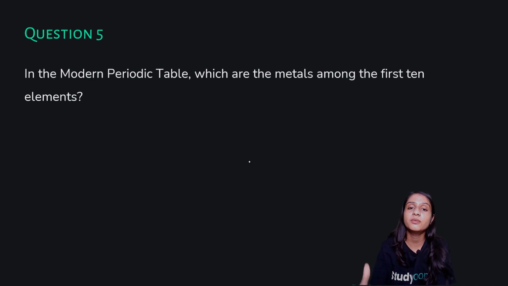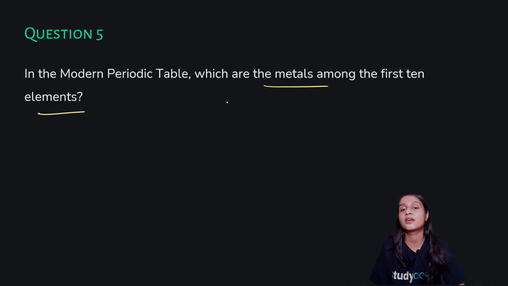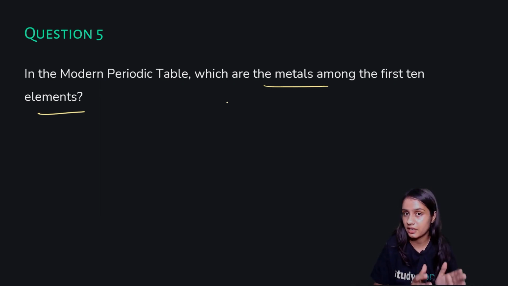In the modern periodic table, which are the metals among the first 10 elements? Okay, so here it is a metallic character, right? Whenever a metallic character question comes in, you will have to check this from the first 10 elements.